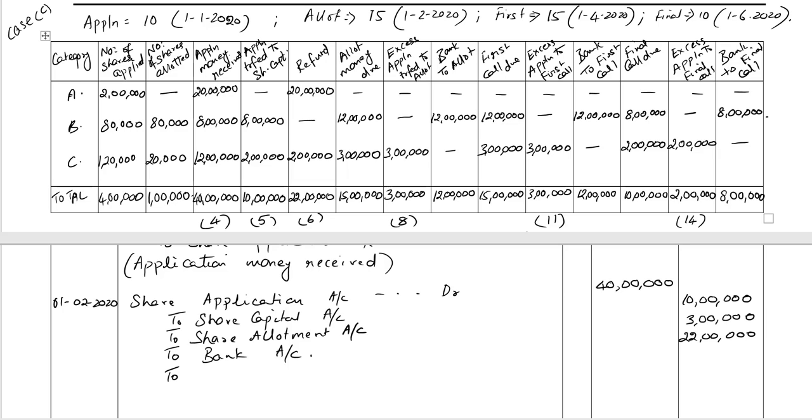We will write that as calls in advance account. So the total of amount transferred to first call, 3 lakh rupees, plus the amount transferred to the final call, which is 2 lakh rupees. Total 5 lakh rupees. Narration.